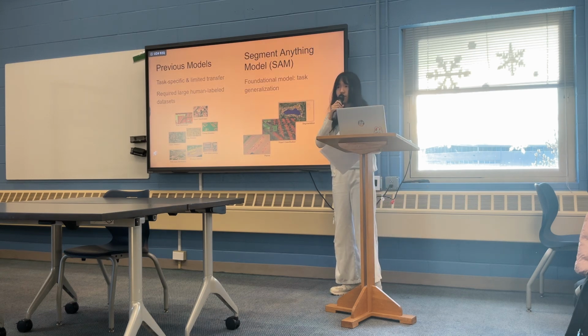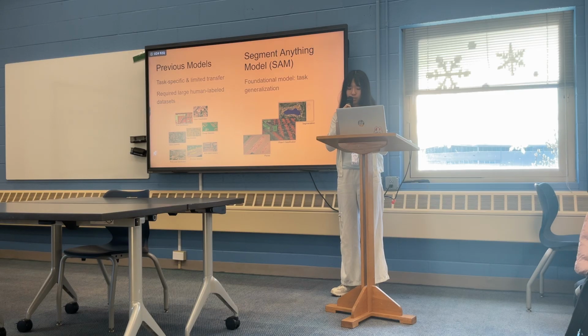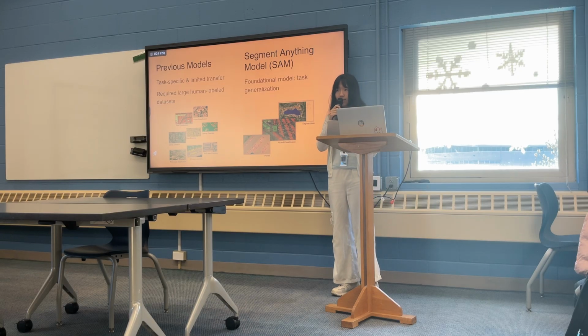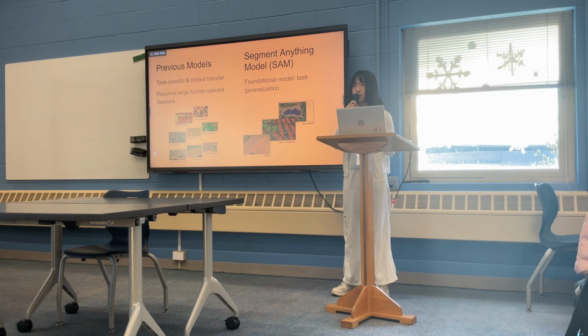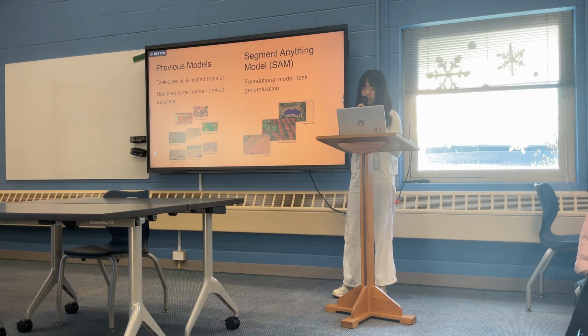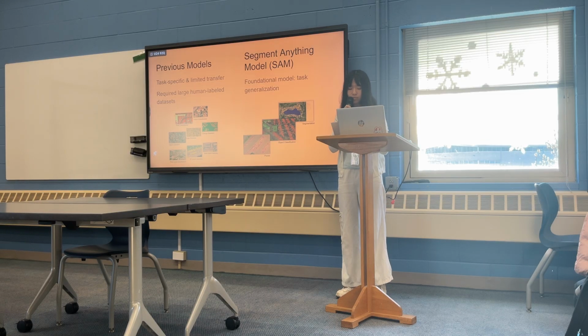So previous image segmentation models could only conduct specific types of image segmentation, and they were task specific. For instance, a previous model could only do object detection or could only conduct edge detection and detect the boundaries between images in an image.